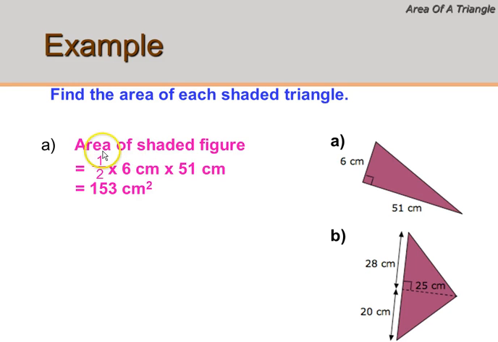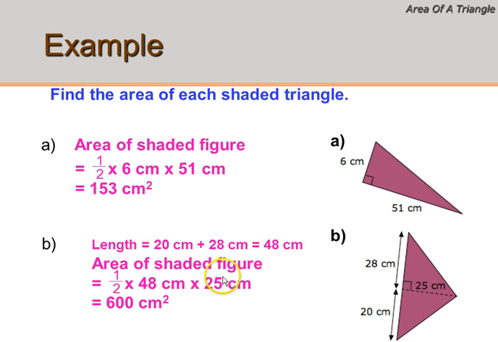So the area of this shaded figure A is half times 6 times 51. This 6 could be the height and the base over here is 51, resulting in 153 cm squared.